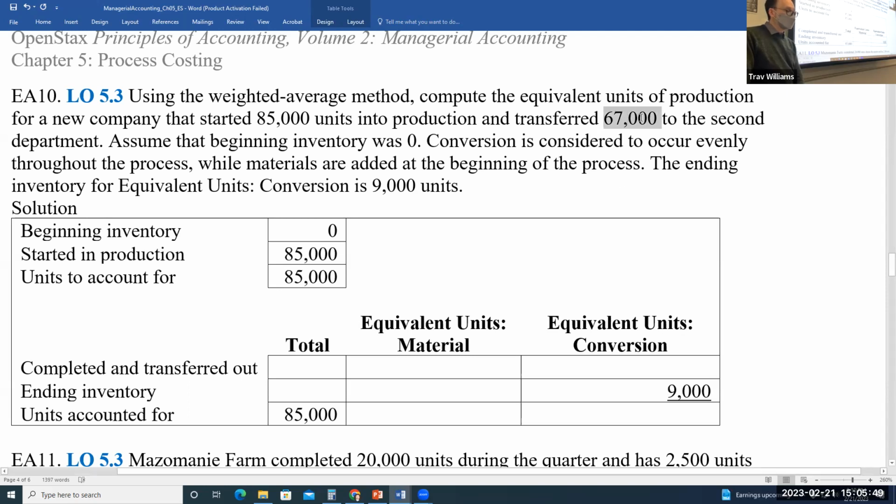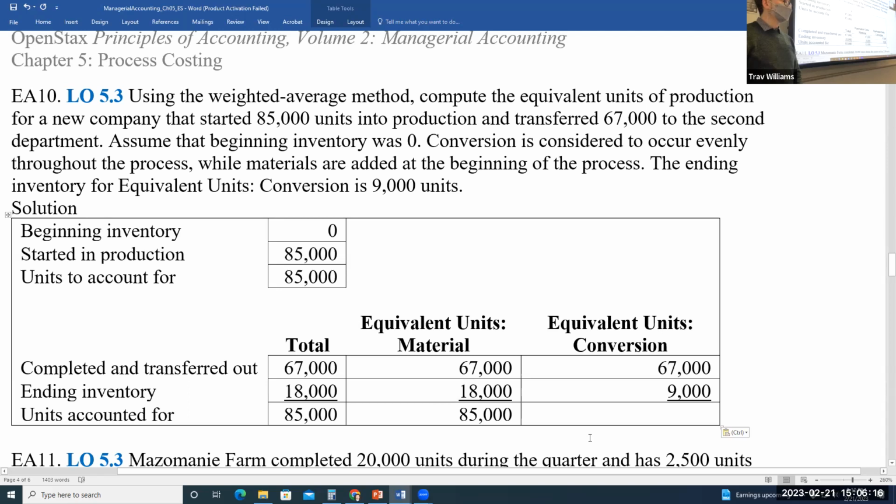67,000 got transferred out. Okay, we know that goes in all three columns. So how many are in ending inventory? 18,000, right? The difference. We know the materials column is the same as the totals column.